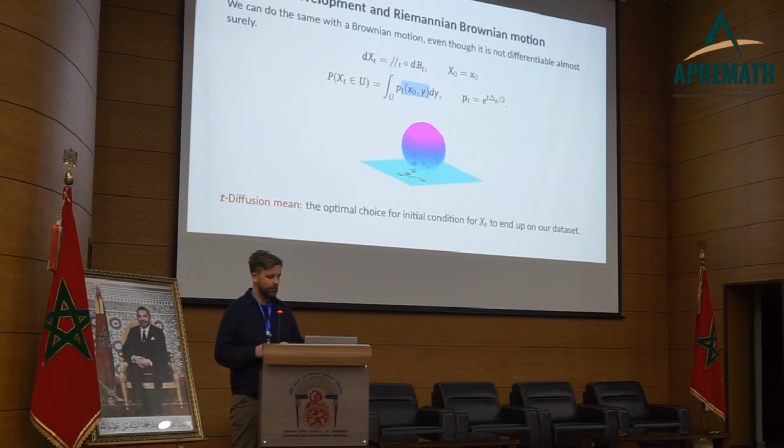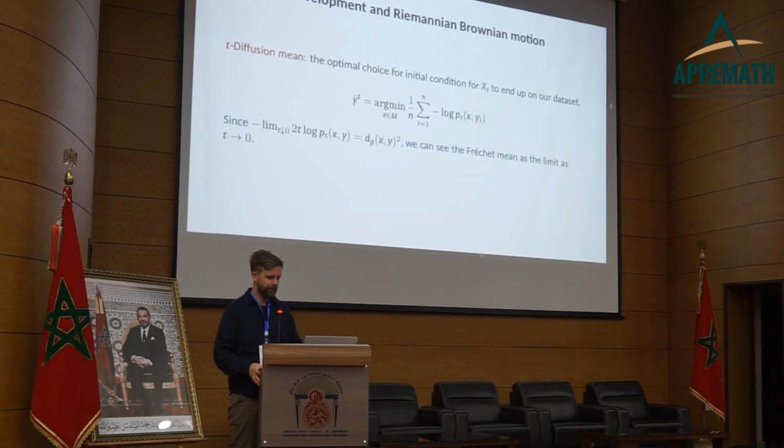So we can say that our t-diffusion mean is the initial point we need to choose in order to maximize the probability of the diffusion process ending up at our point set. Now, of course, our point set is 0-dimensional, so the probability is 0, but you can make this formal by having some small epsilon balls, maximizing the probability, and letting those epsilon balls shrink to 0.